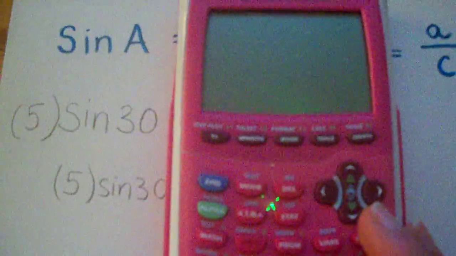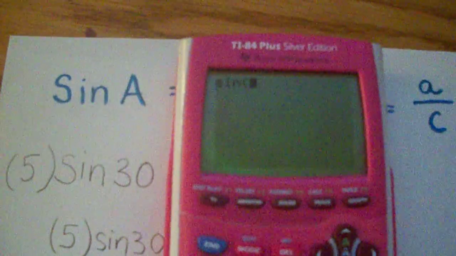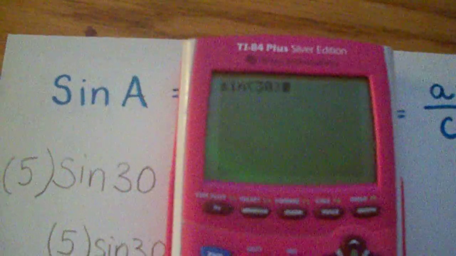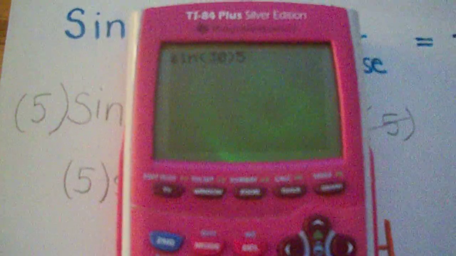Now on the calculator, we need to press the sine key. The sine of 30 times 5, as we figured out in the equation, will tell us what the opposite side of angle A is, or side lowercase a.